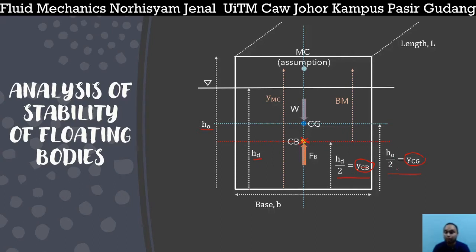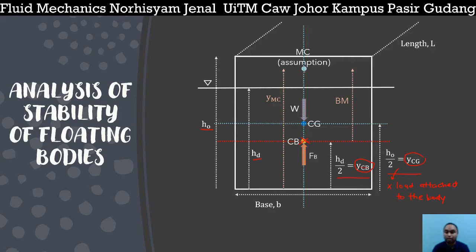This particular equation can only exist when we don't have any load attached to the body. If you have load attached to the body, or secondly, we have an object with different dimensions from the top to the bottom, the center of gravity cannot be calculated using this equation over here.